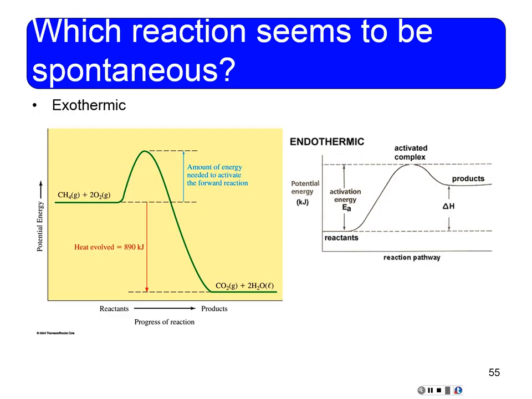Okay, but actually, yes, exothermic reactions can be spontaneous, and there are more exothermic reactions that are spontaneous than there are endothermic reactions. Okay, but both can be spontaneous. So that means there's got to be other variables involved, not just delta H. Which is pretty much what we're looking at here, that heat evolved, this delta H.